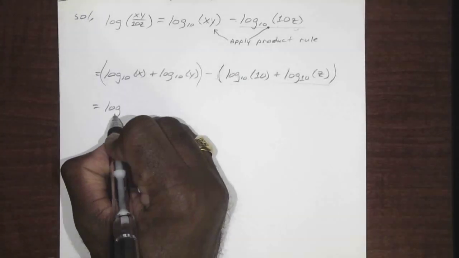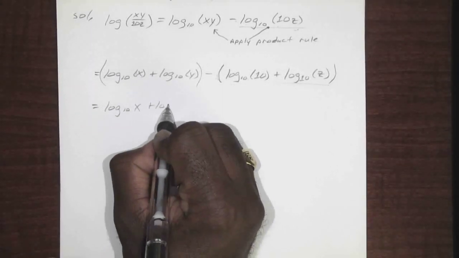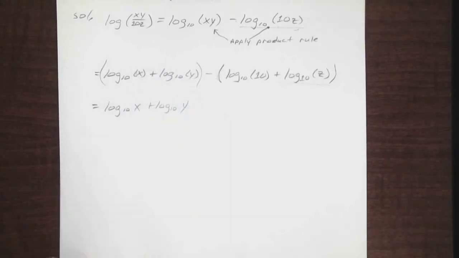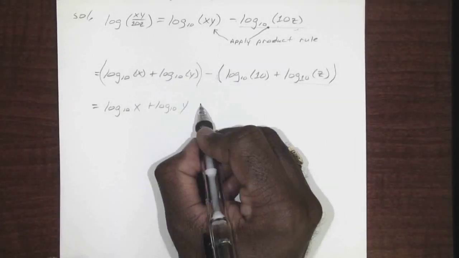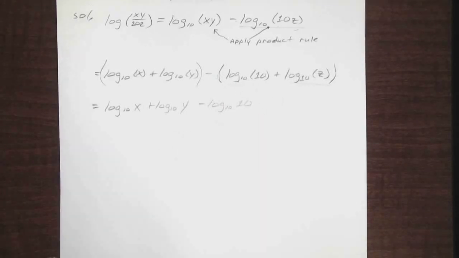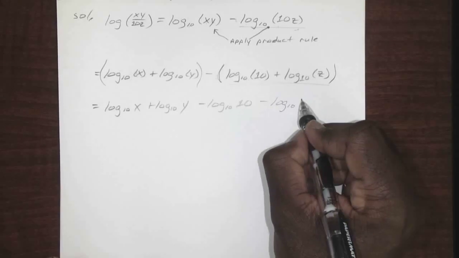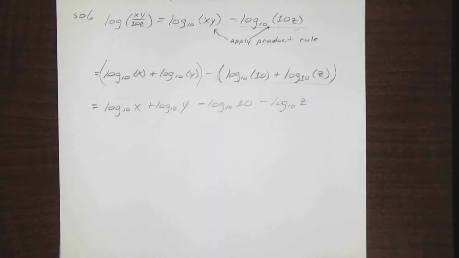Okay, so this becomes log base 10 of x plus log base 10 of y minus log base 10 of 10, and again, minus log base 10 of z. And again, with or without the parentheses, same thing.